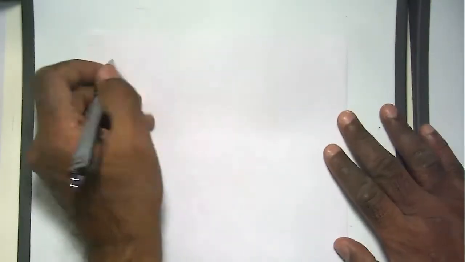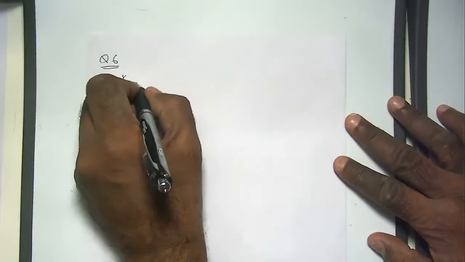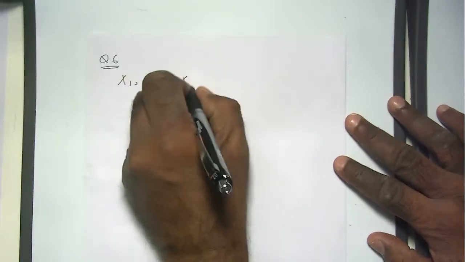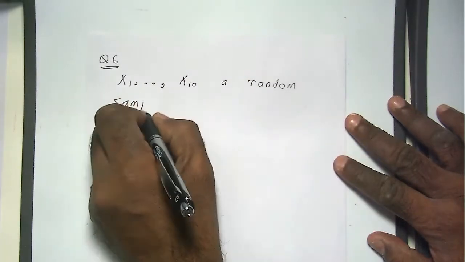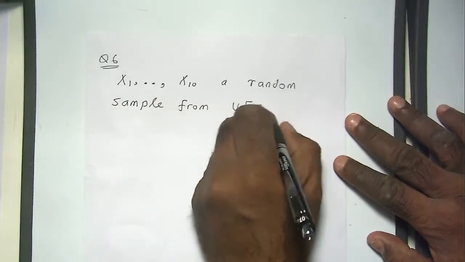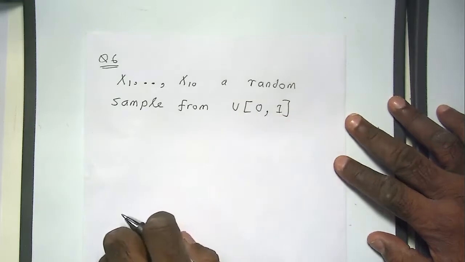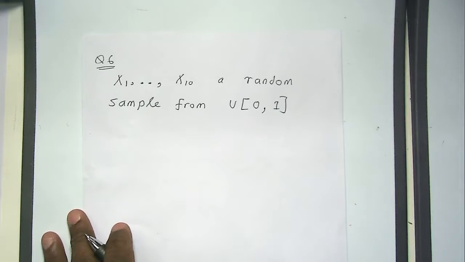Alright guys, so I've given you enough time to do question 6, so let's see how we can do it. The question is to find the mean and the variance of x bar.